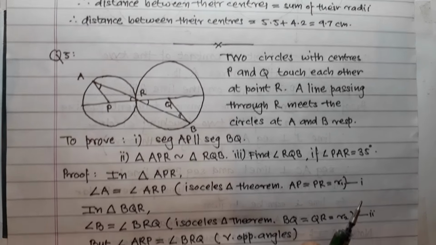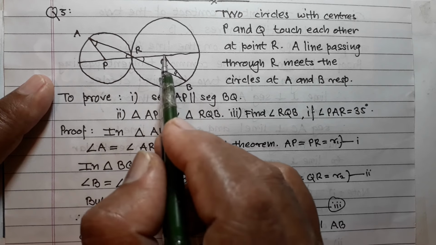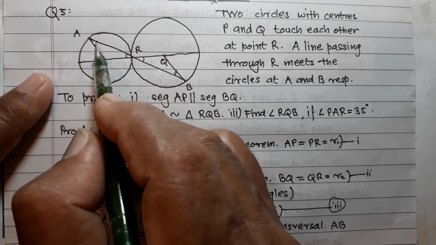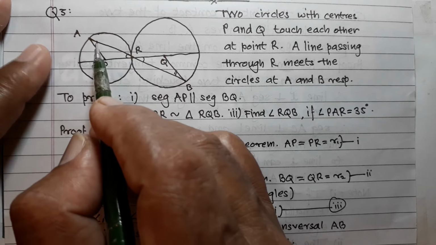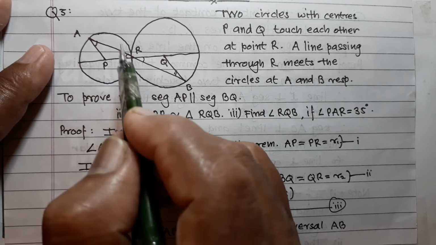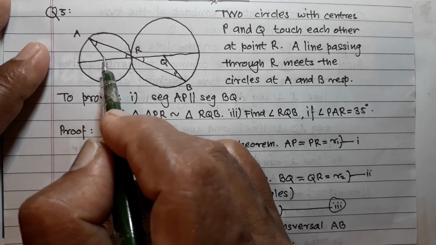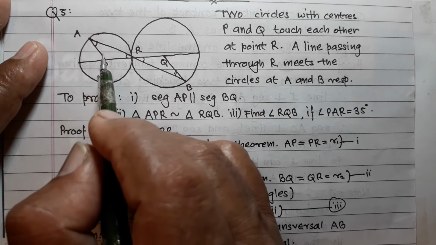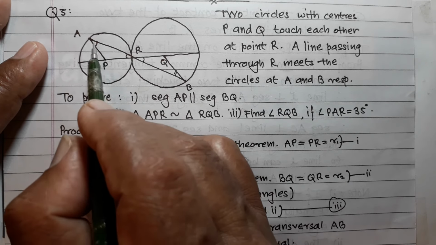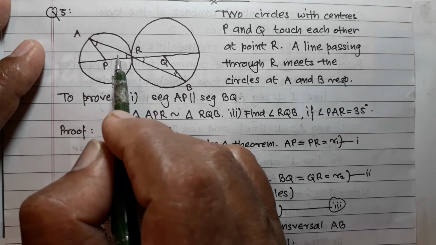Now third, find angle RQB, but this angle is given as 35. Now this angle is equal to 35, this angle is equal to 35, and now this angle is equal to 110, because this angle plus this angle plus this angle is equal to 180.